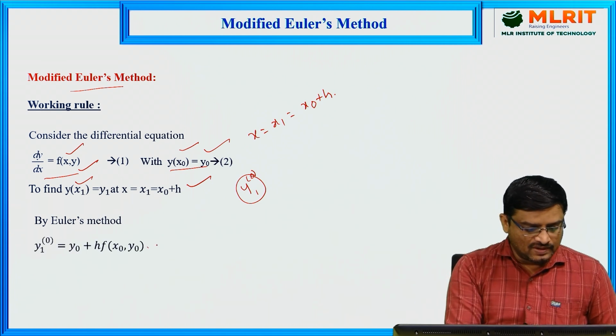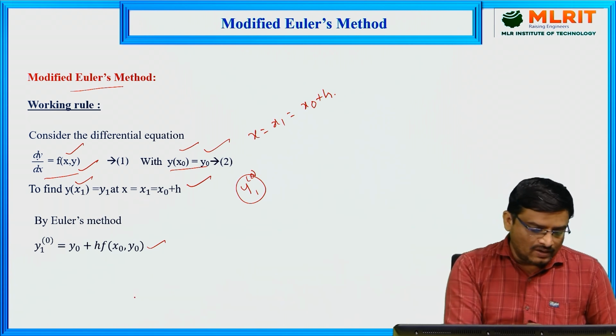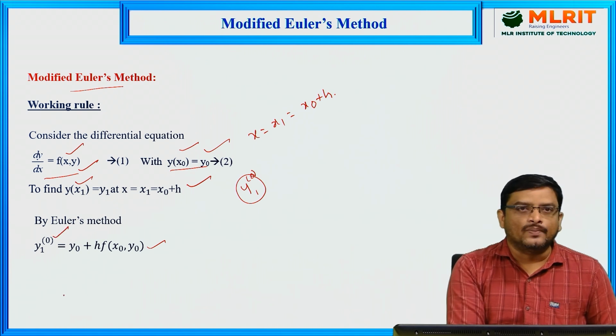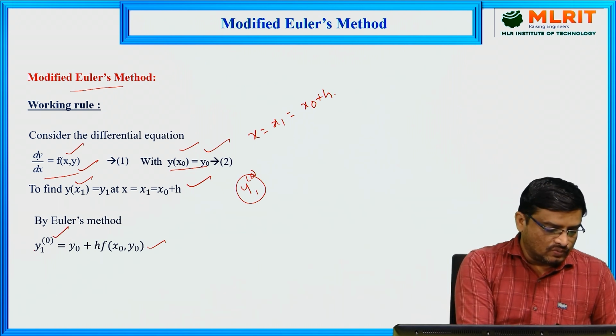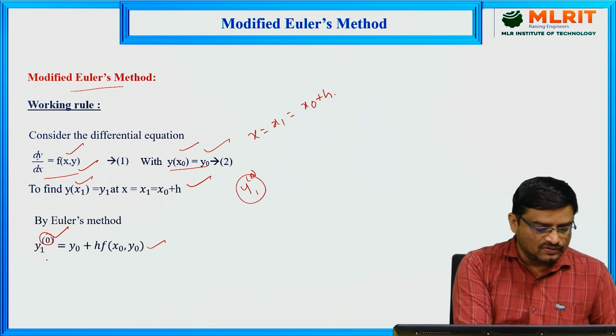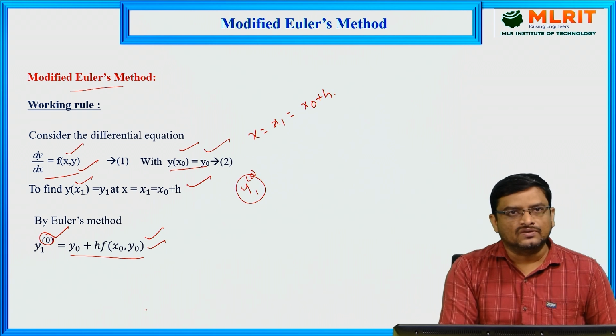So this is the formula to find y1 by using Euler's method. Whatever value we get for y1, we consider as the initial approximation. So y1 power 0 indicates the initial approximation of y1. Use this formula to find this initial approximation of y1.